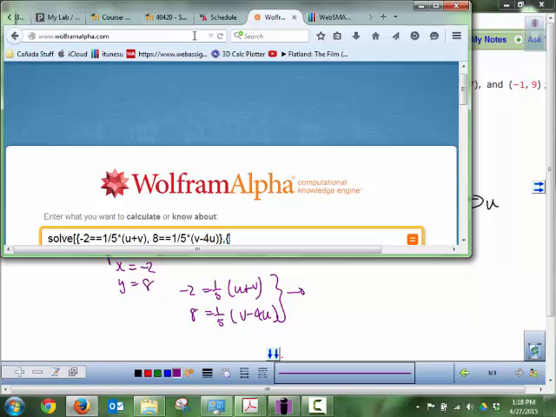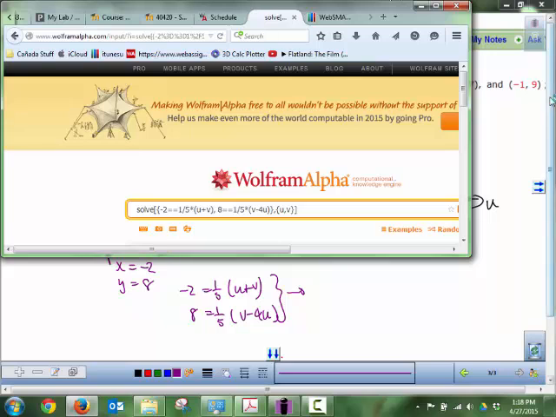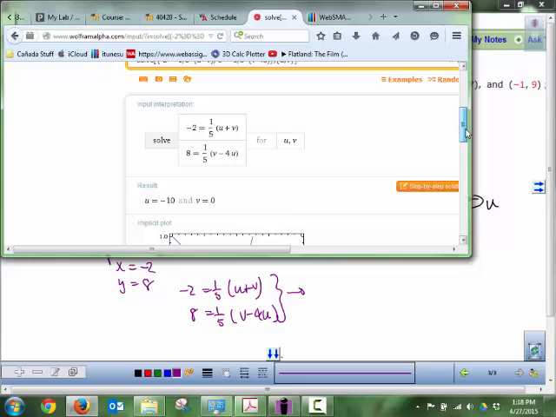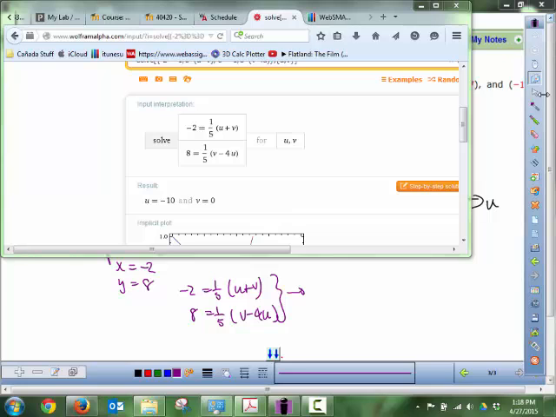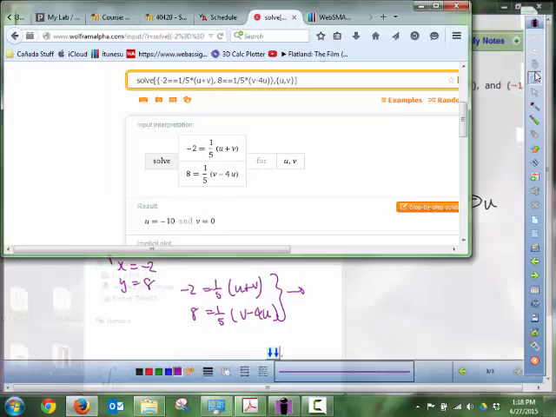My 2 unknowns are u and v, so I'll tell Wolfram Alpha to solve for that. And then if I press enter, I should get values for u and v, and then that'll tell me where that point came from. So it looks like u is equal to -10 and v is equal to 0. Let's put that in our notes. I'll include the command in our notes as well.